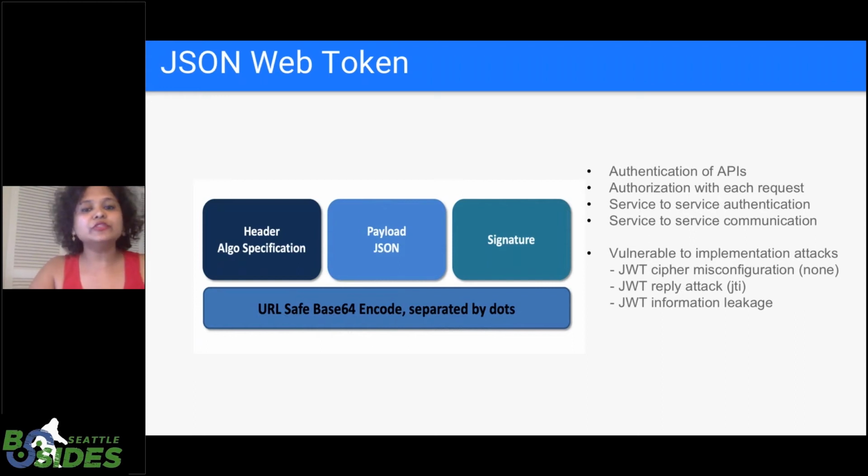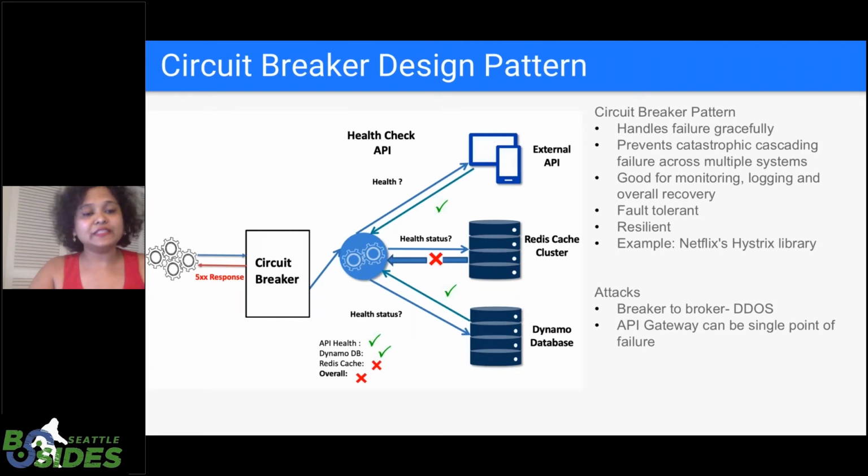Now let's move on to the next design pattern. A circuit breaker design pattern basically is a software design pattern which is used in many microservice-based software development. It works the same way as how an electric circuit breaker works.